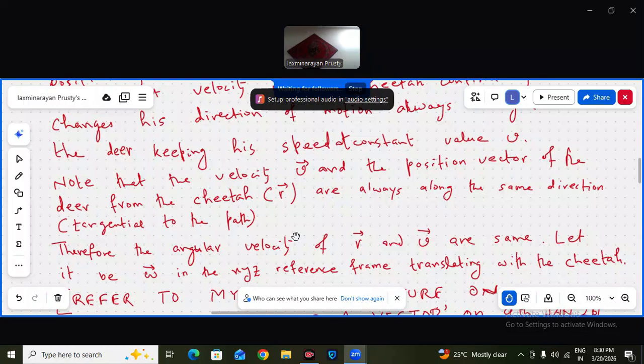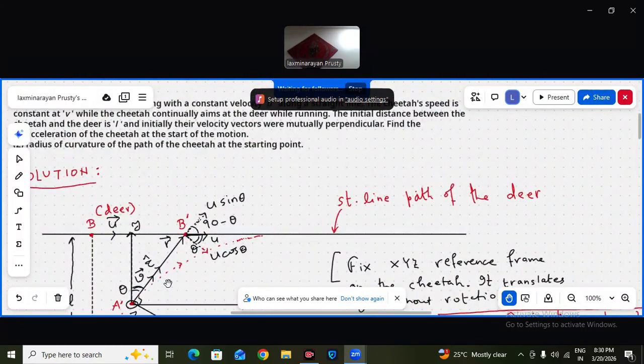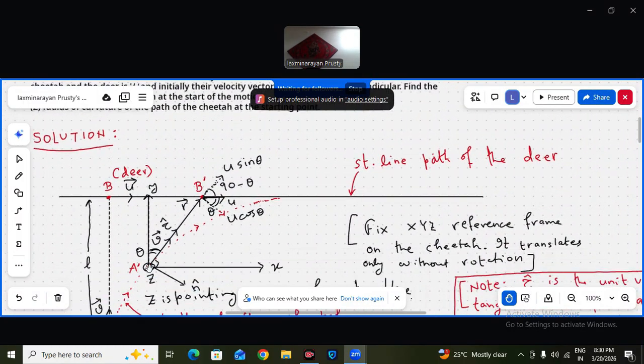What is the relative velocity of deer with respect to this cheetah? U bar minus V bar. Obviously, all of you know velocity difference. U bar minus V bar is the velocity of deer with respect to cheetah, or the velocity of the tip of the position vector r bar.